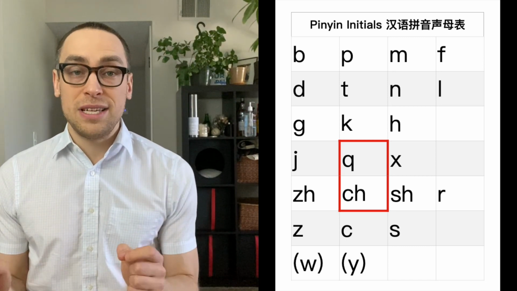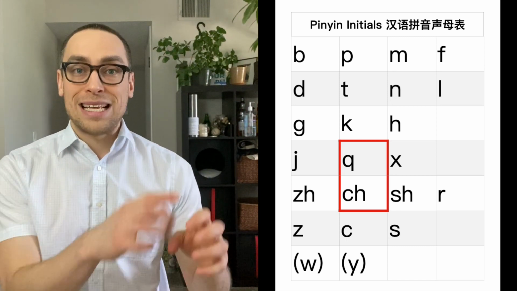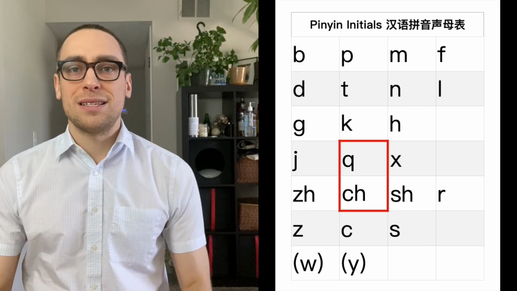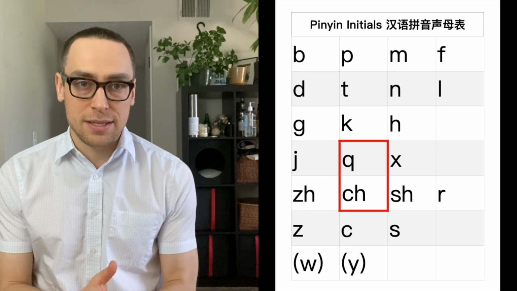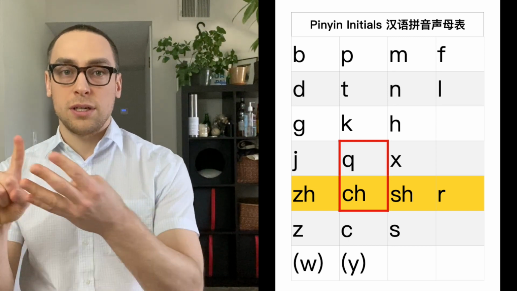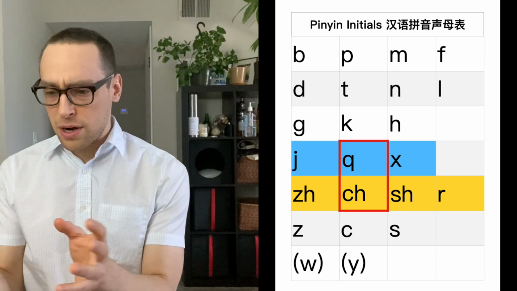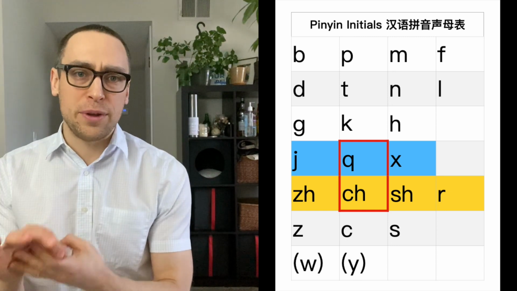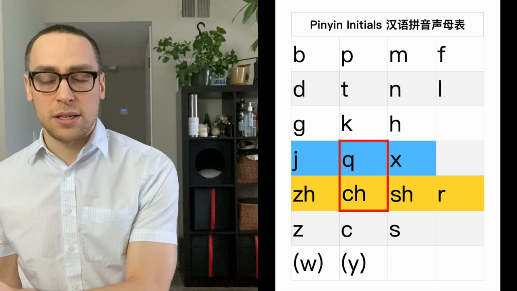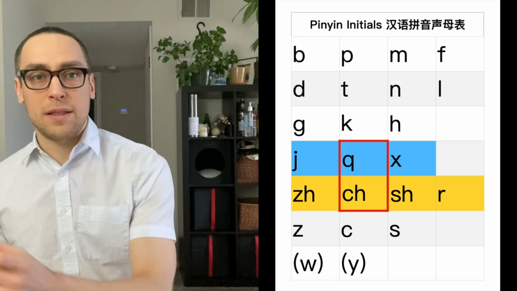Those two different CH sounds are denoted with a CH for one, for the retroflex, and a Q for the other. This CH, the retroflex consonants, are part of a group of four. Zhi, chi, shi, ri. Q is part of three alveolo-palatal consonants. Ji, qi, xi, the J, the Q, and the X.